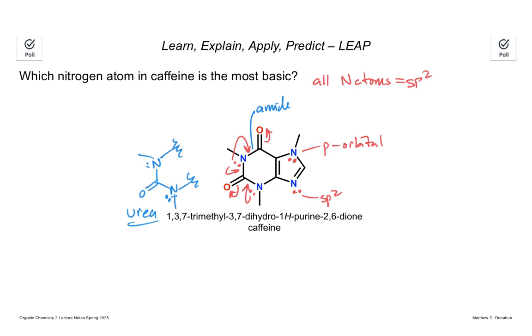It kind of looks like a diamide. And then this part is an amide. So nitrogen and carbonyl, that lone pair is always delocalized. So no matter what, it's not really basic. In here we recognize the three sp2 orbitals, so the lone pair is in a p orbital, and therefore that one is the most basic.